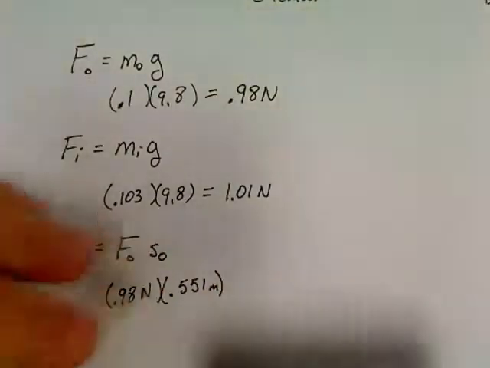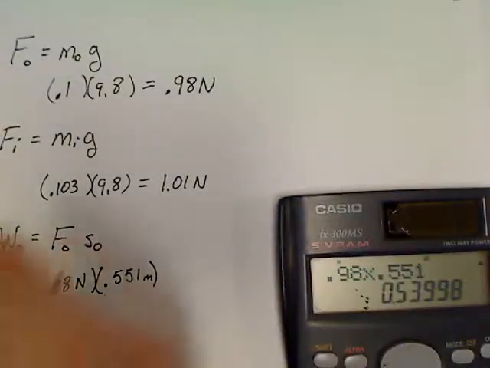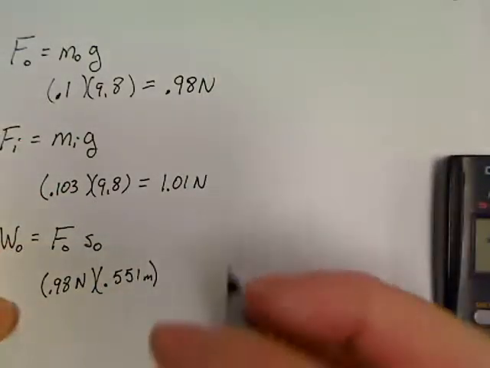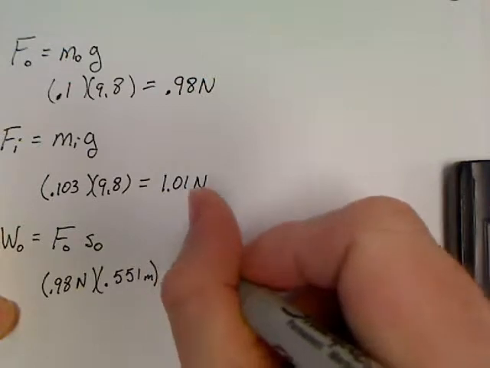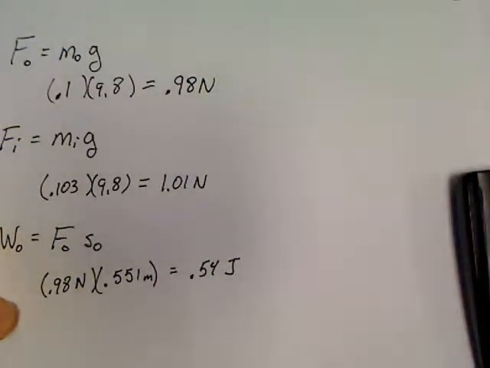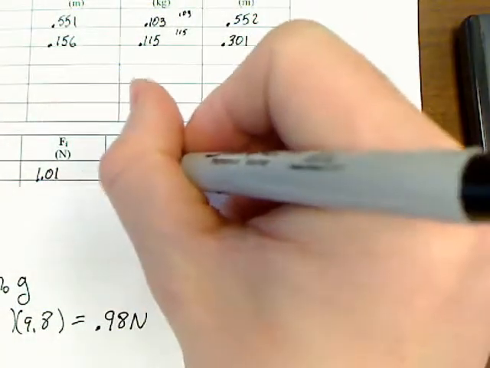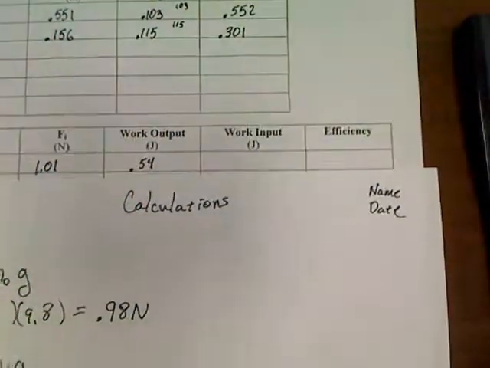And now we can figure this out. 0.98 times 0.551 is 0.539. So basically we'll go with 0.54 joules of work was done on that first one. So I'll fill in 0.54 joules.